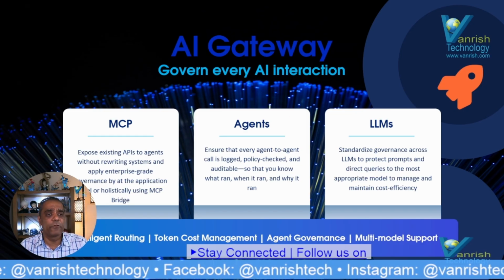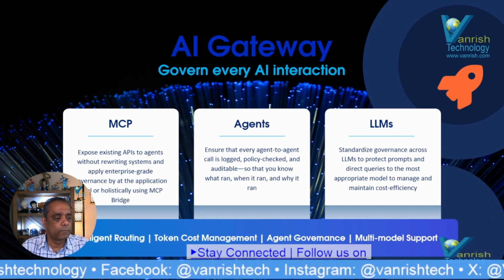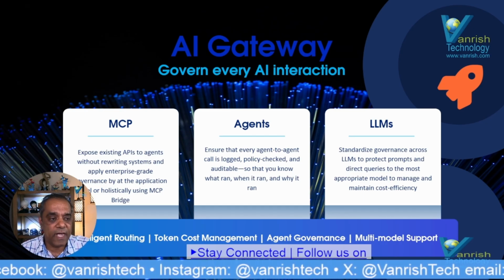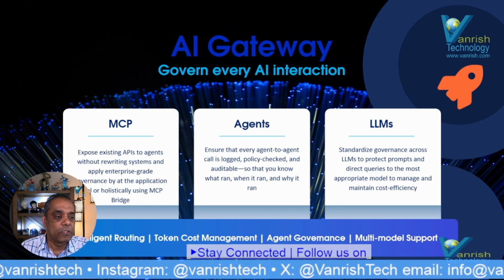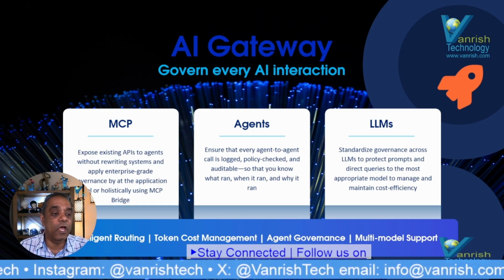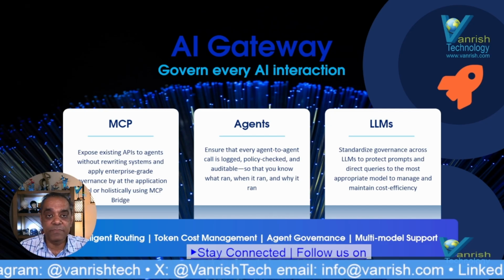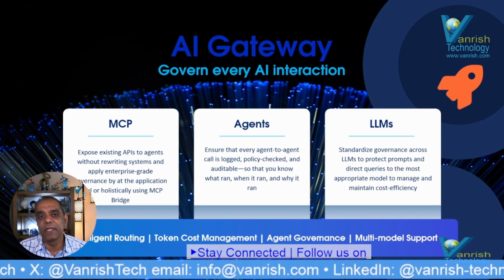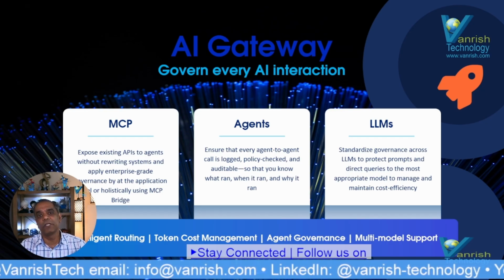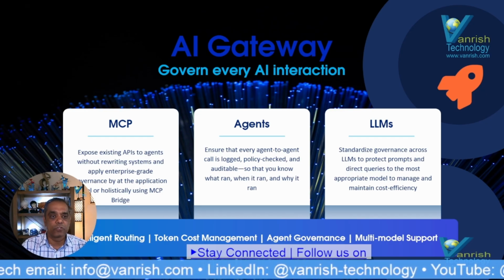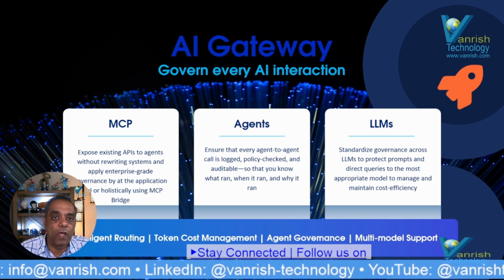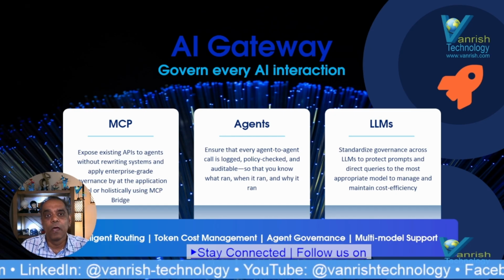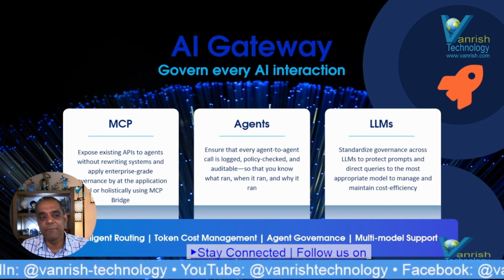What are the different benefits of the AI gateway? First is MCP. Every AI interaction happens through MCP. Exposing existing APIs to agents without rewriting systems is called the MCP bridge. If you have an existing API and you don't want to invest too much money to rewrite everything from scratch, MuleSoft enables you to use the MCP bridge to convert your existing API into an MCP server.